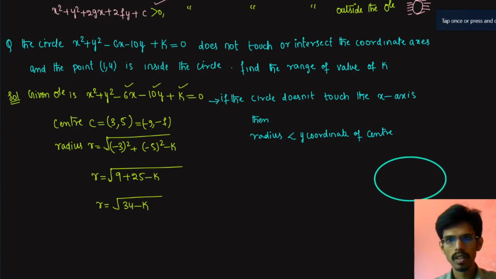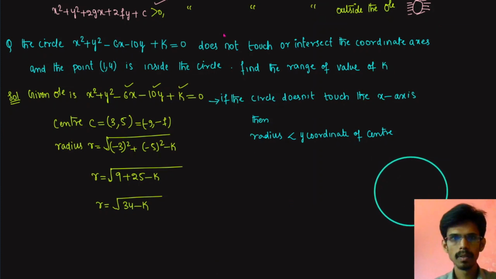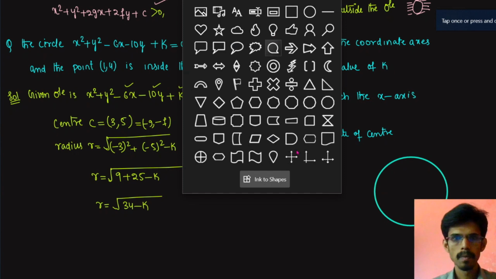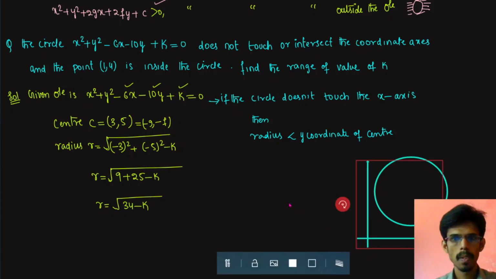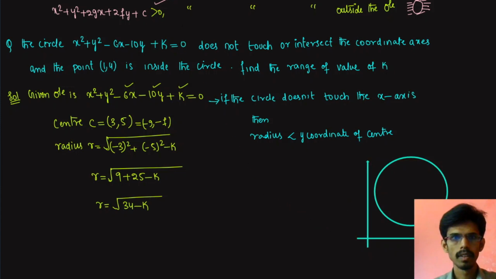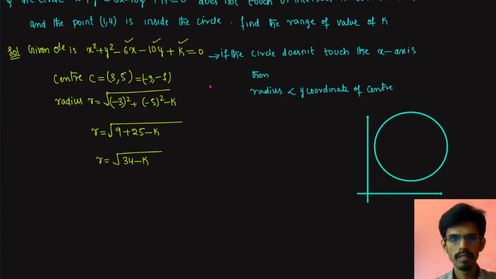See here, we have a circle like this. This is the coordinate axis. Now here we have the center C (3, 5). This is the radius, up to here the radius will be there.